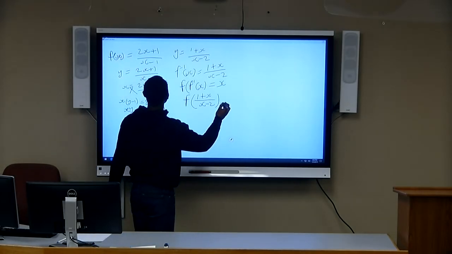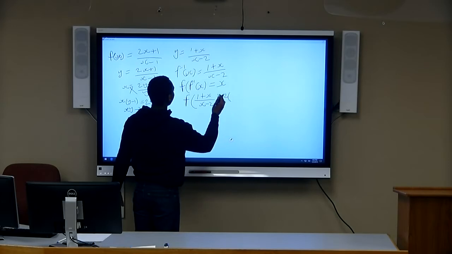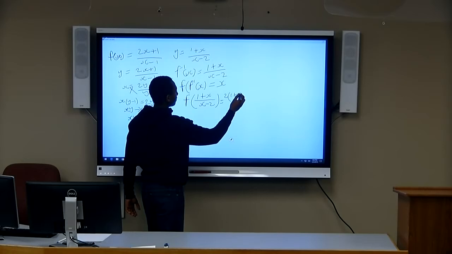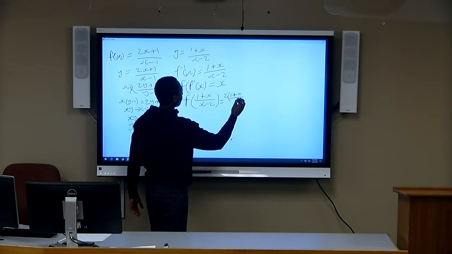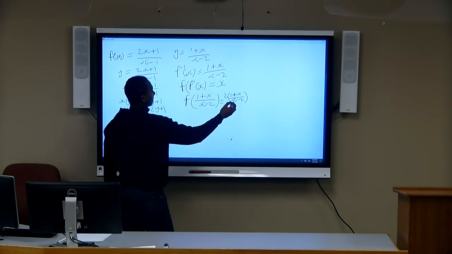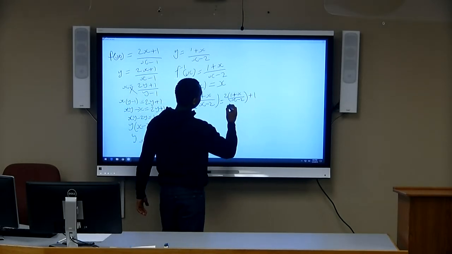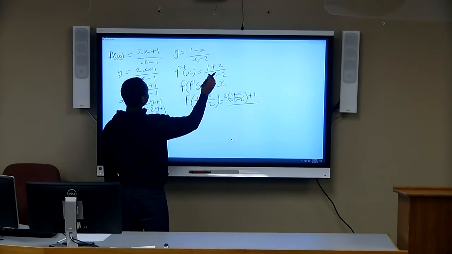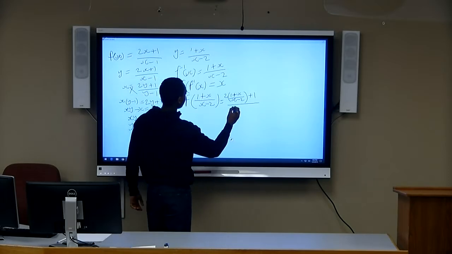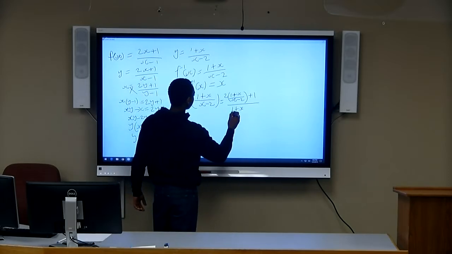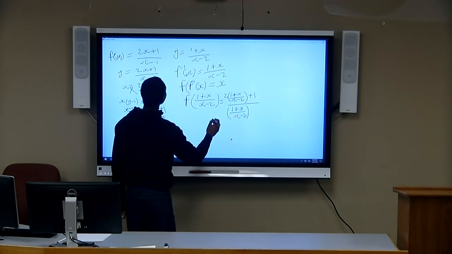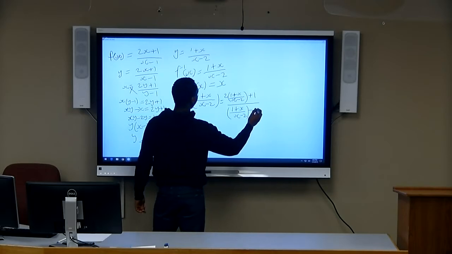If we do that, it's going to be equal to 2 into, wherever we see x, we put this thing there: 1 plus x over x minus 2, plus 1, all over, this is x, so we substitute it with this thing here. It's going to be 1 plus x over x minus 2, minus 1.